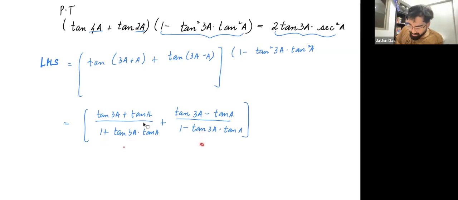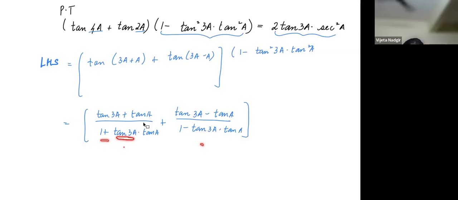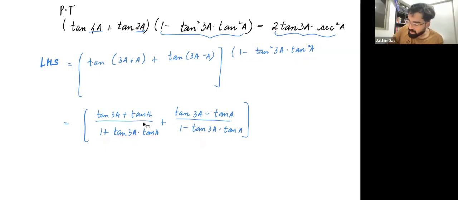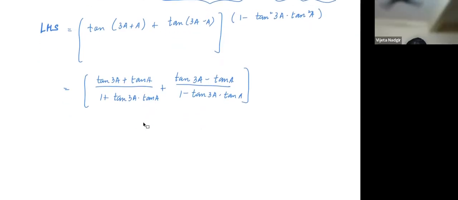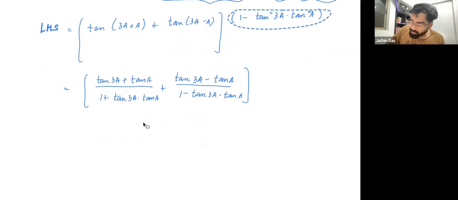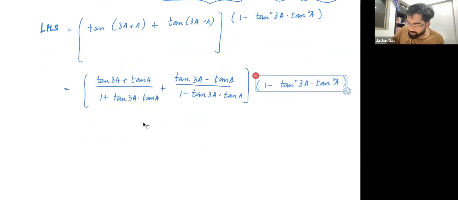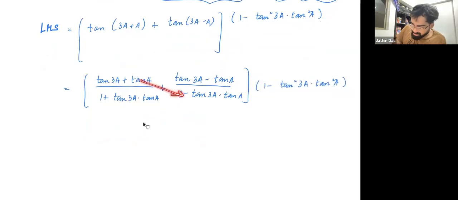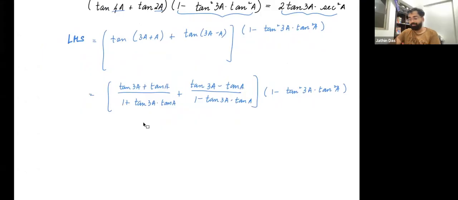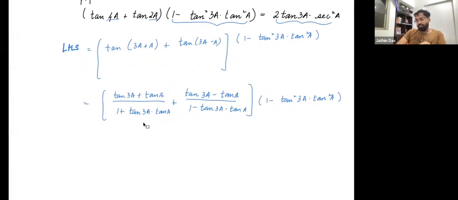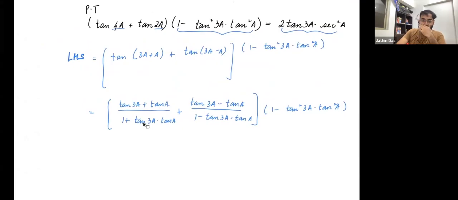So what is the LCM of this? 1 minus tan square 3A into tan square A. Wait, है इधर cancel करने के लिए बैठा है इधर. And then you just see the numerator part and see if you can get that. Numerator means this into this and this into this. Denominator तो cancel हो गया इसके साथ. Okay. Understood? हाँ. Okay. तो थोड़ा है वो that you have to see and understand.